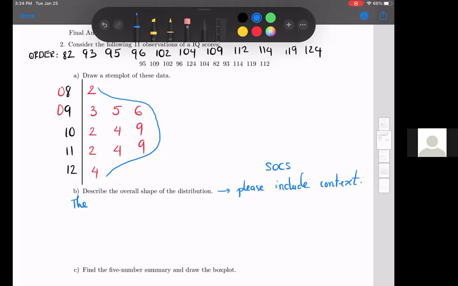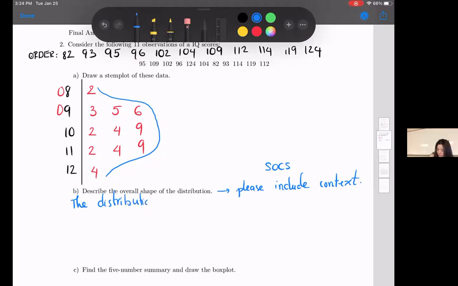And then I said no outliers. Very good. Oh, one more thing you're missing: unimodal. Did you say unimodal? Yeah, I did. Okay, good, then you're good. The distribution, now come to context, the distribution of what?